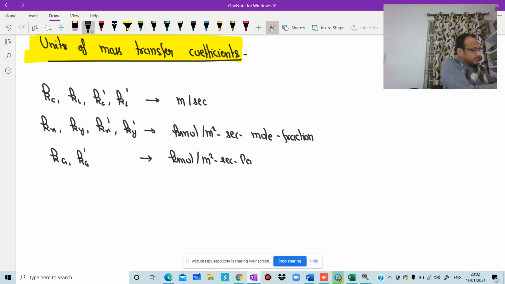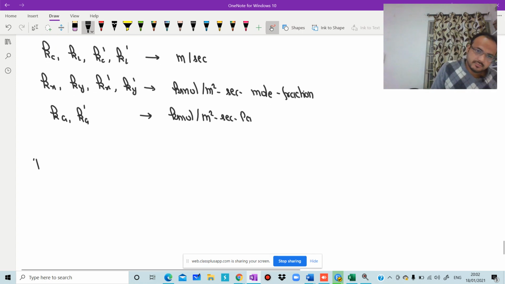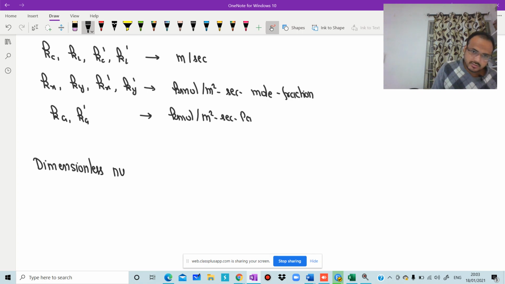Write down dimensionless numbers used in mass transfer operations. Next is dimensionless numbers used in mass transfer operations.